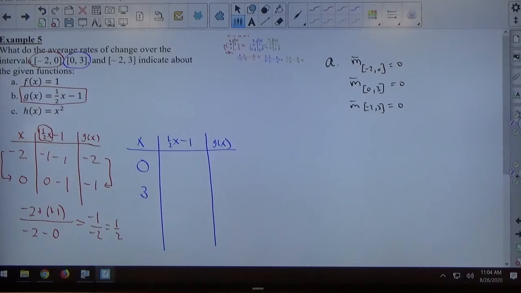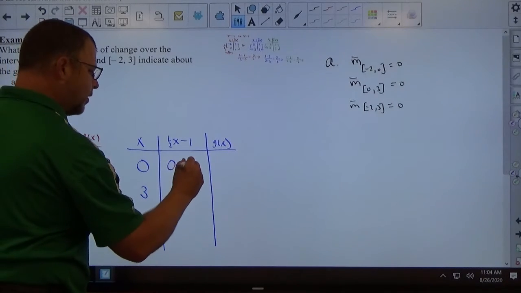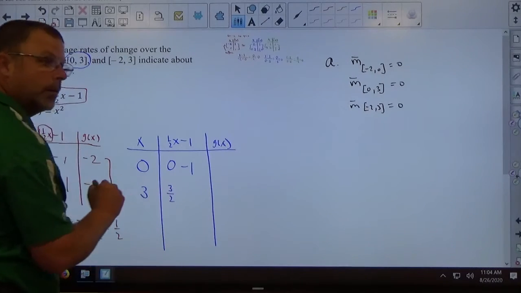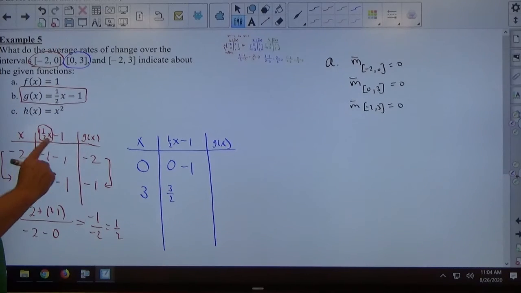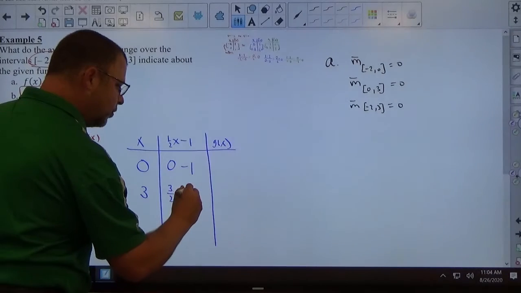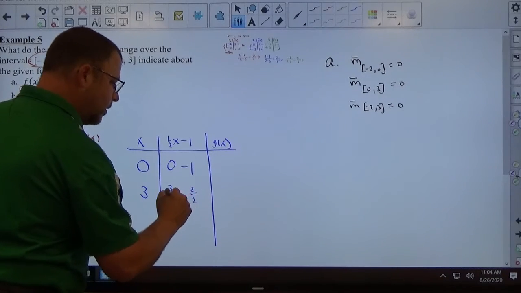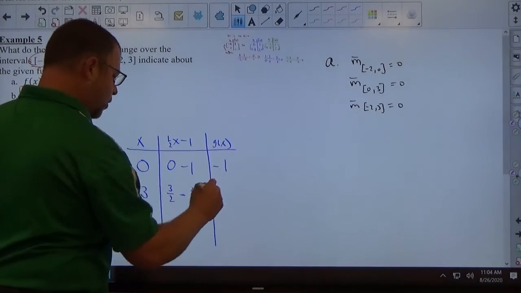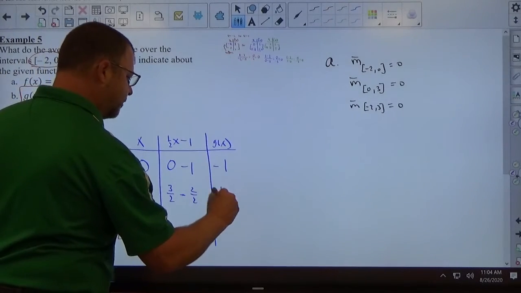And half of 0 is 0, minus 1. Half of 3 is 3 halves, right? 3 halves. Now watch what I do here. I'm going to say minus 2 halves. If I get a fraction in my structure, I want everything to have a common denominator. So I went ahead and said 1 is equal to 2 over 2. All right, so 0 minus 1 is negative 1. 3 halves minus 2 halves is 1 half.